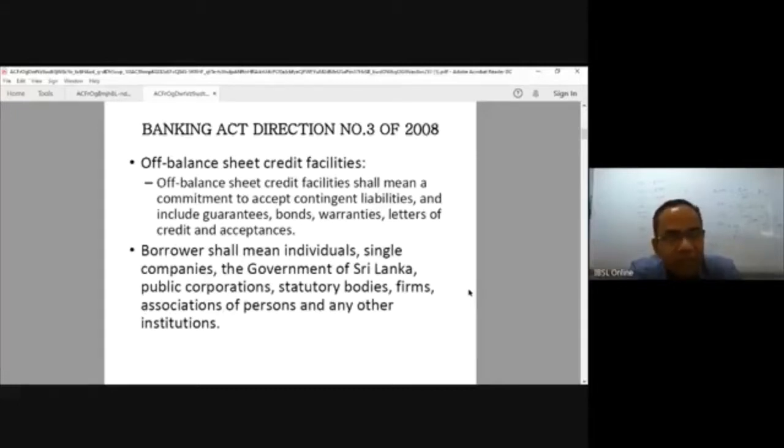Let us say we have taken a loan from IFC, for example. There is a warranty term, right?